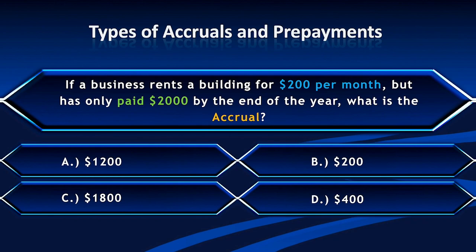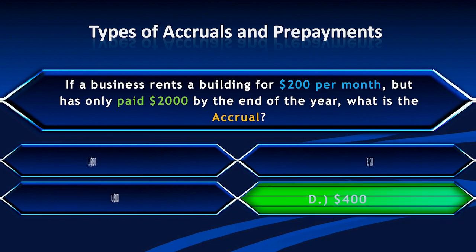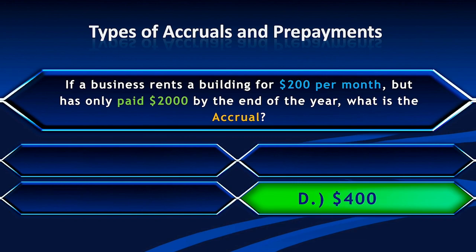That means there is still an amount owing, or an accrual, of the difference, which would be $400. So the accrued amount is $400 because he paid $400 less than the amount that was incurred for the year.